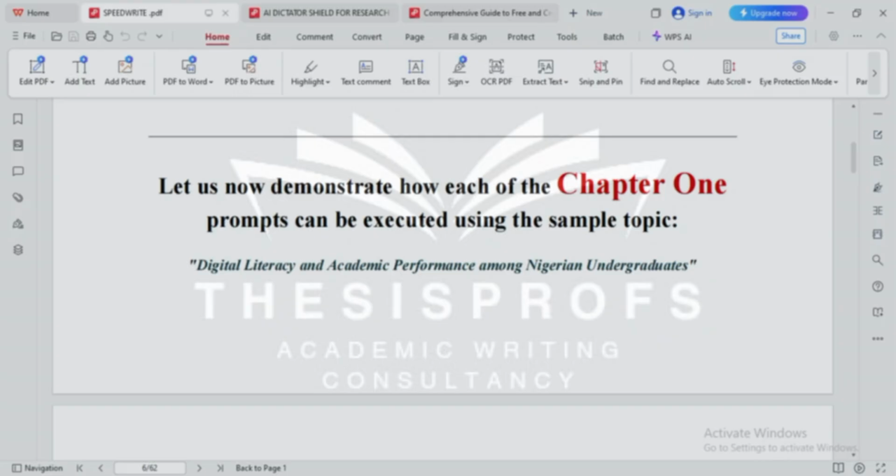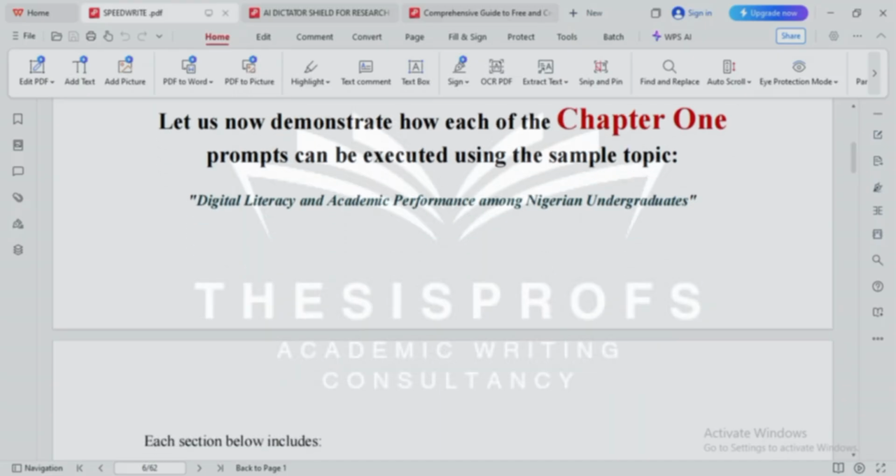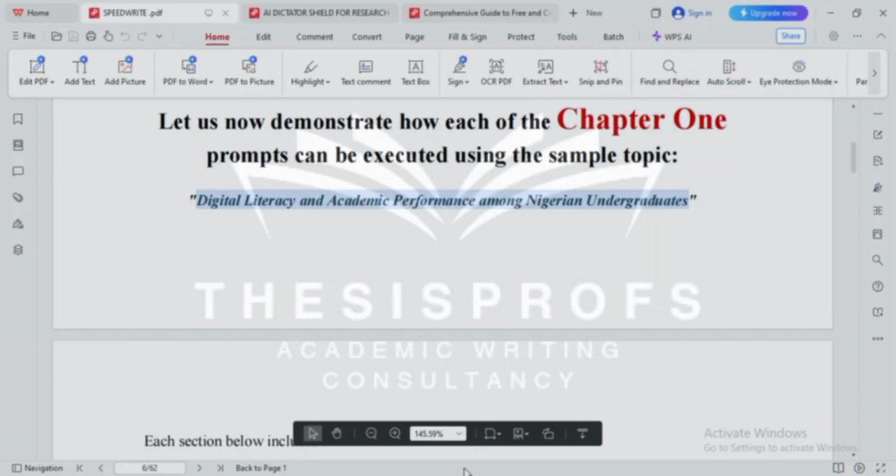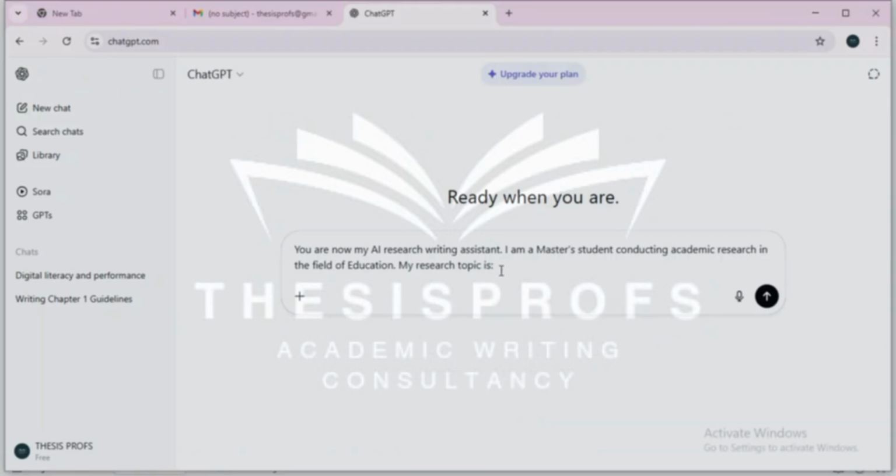So we have digital literacy and academic performance among Nigerian undergraduates. I'm going to be changing that undergraduates to students, and then I'll paste it here. I'll change this so that it will meet all the fields and all the levels.